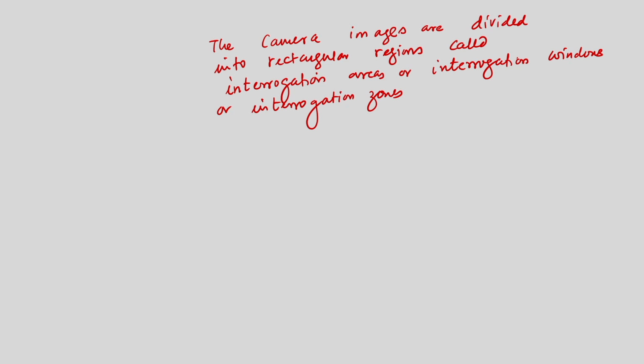That means the camera images are divided into rectangular regions which are called interrogation areas or interrogation zones or interrogation windows.